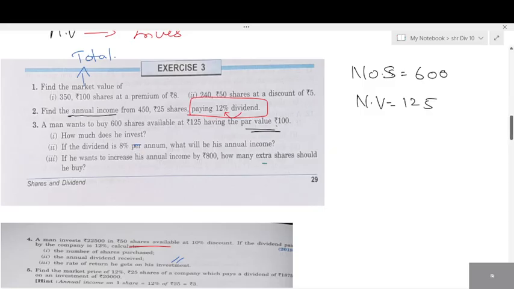Have they told us here about an increase or decrease, anything? So at par. The meaning of par value is at par, so market value is equal to 100. You shouldn't decrease or increase, students. No, sorry. What is par value? Is par value the nominal value or the market value?